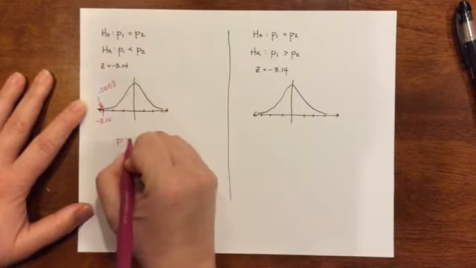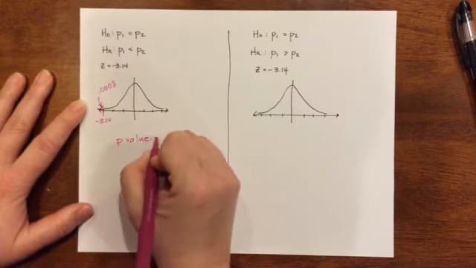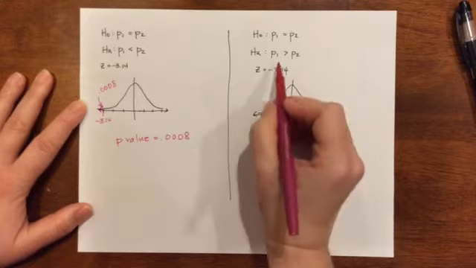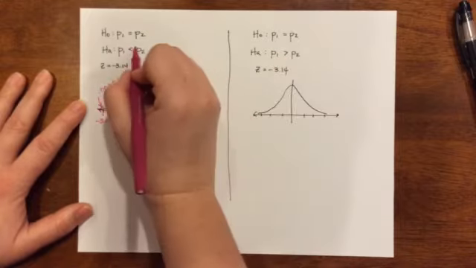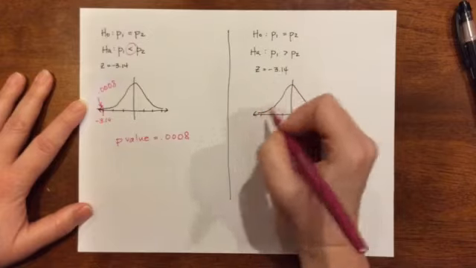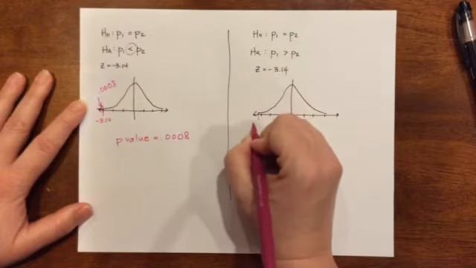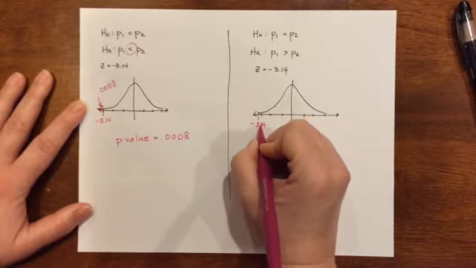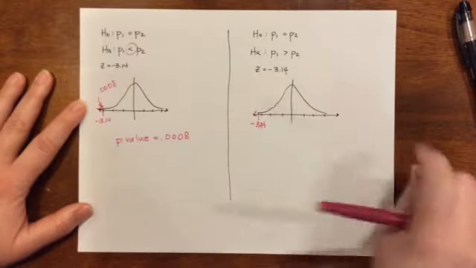So in this case, the p-value would be 0.008. Okay, if we were doing a greater than problem, so that's for less than. If we're doing a greater than problem, we'd go to our z-score, which would be out here.